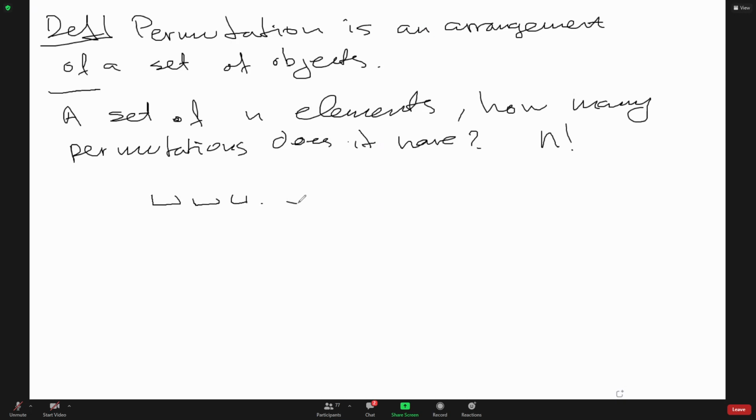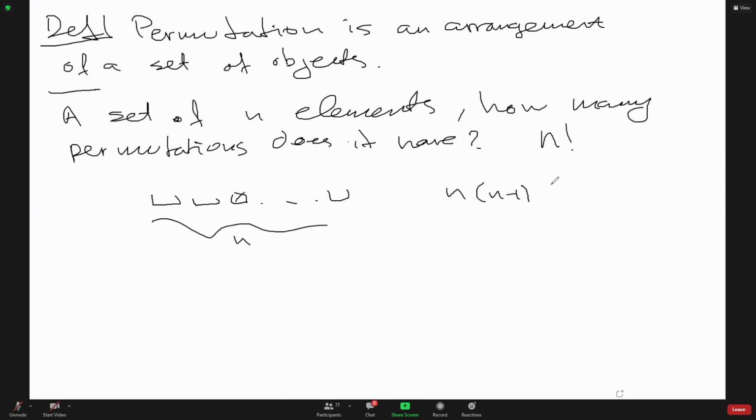So we have n positions, right? And we have n elements. So when the first element comes, we have n choices on where to put it. I can put it here, for example, or anywhere. After I put it somewhere, this is a repeated operation I'm doing. For the second object, I don't have n choices anymore, but I have n-1 choices.